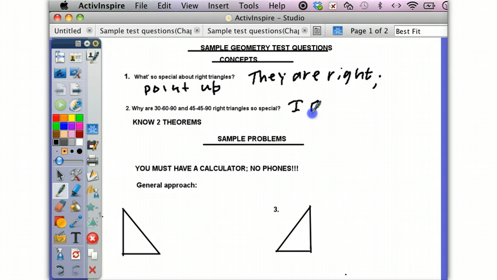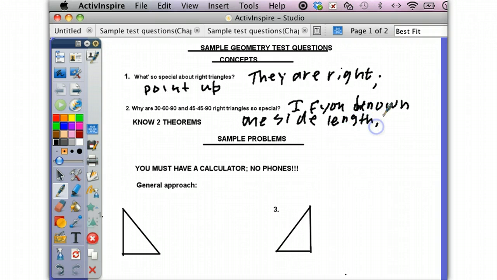If you know one side length, you know them all. Okay? So that's the kind of good thing about that.